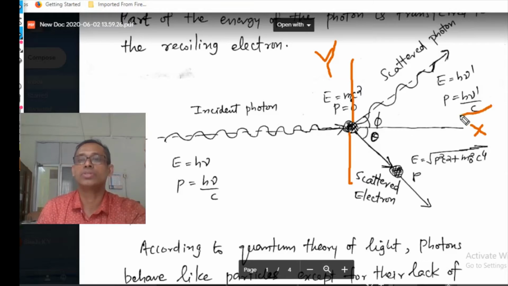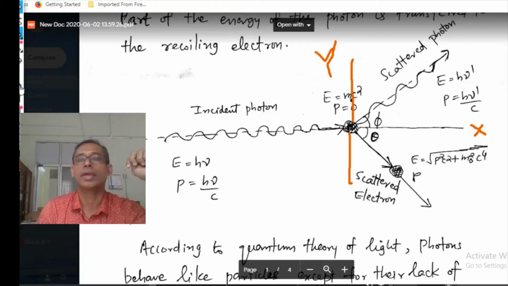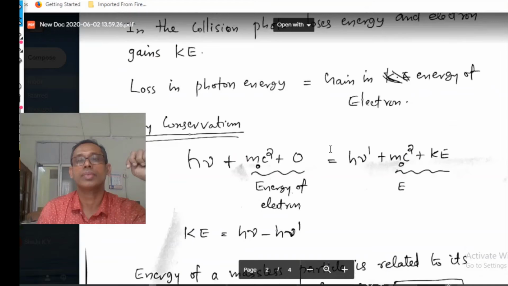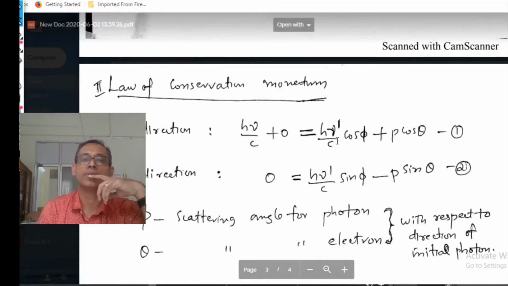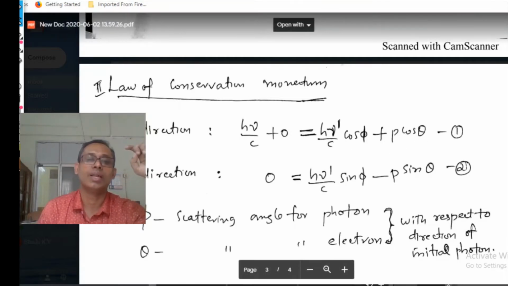The component of the photon momentum along x direction is h nu prime over c cos phi, and the component of the electron momentum along x direction is p cos theta. So that is written here: h nu over c plus 0 is equal to h nu prime by c cos phi plus p cos theta.